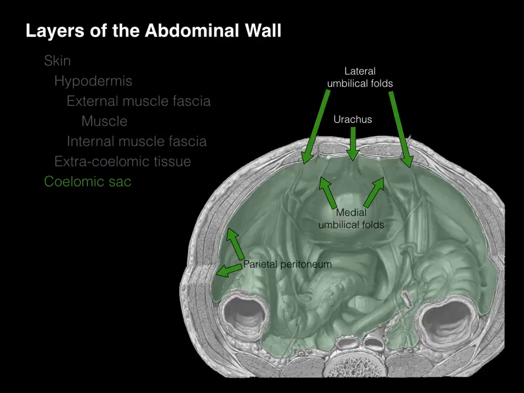These 2 medial umbilical folds are the coelomic sac surrounding the obliterated umbilical arteries, and then those lateral umbilical folds are basically covering the inferior epigastric arteries and veins, or those inferior epigastric vessels. So here we have all the basic layers of the abdominal body wall.